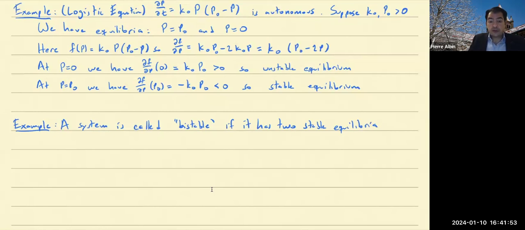So think, for example, of a light switch. The light switch is stable at the on and the off position, but it might have an unstable equilibrium halfway in between. Maybe if you balanced it really carefully, you could get it to stay halfway in between, but that's unstable because you move it a little bit and it'll either pop all the way up or all the way down.